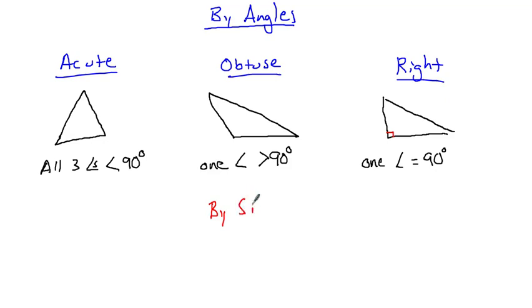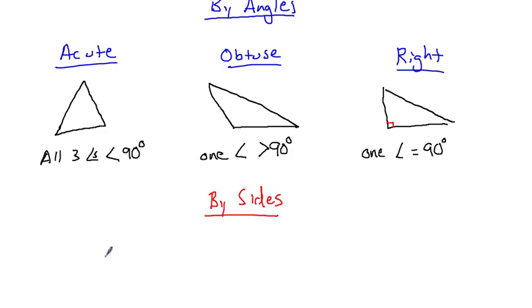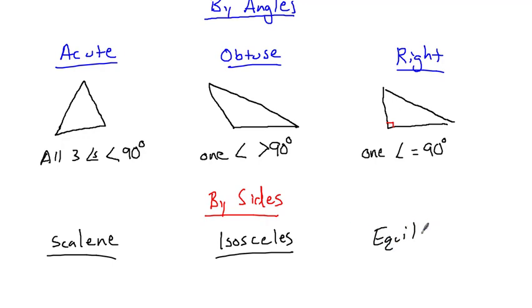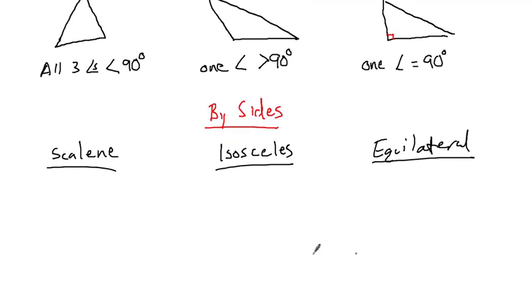So the second way to classify triangles is by sides. And there's three types. There is a scalene triangle, there is an isosceles triangle, and the last type is an equilateral triangle. So I'm going to draw a quick picture of each of those.